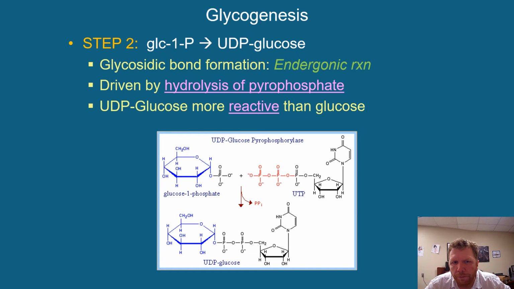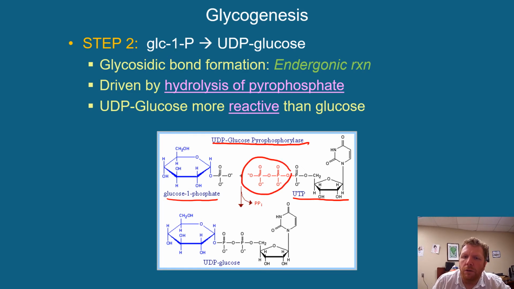Now, step number 2, glucose 1-phosphate is utilized by the enzyme UDP-glucose pyrophosphorylase. What this consists of is taking a molecule of glucose 1-phosphate and UTP, which is uridine triphosphate, and removing 2 phosphate groups to release a PPi molecule, and the subsequent result is UDP-glucose. Our UDP-glucose molecule is more reactive than glucose.